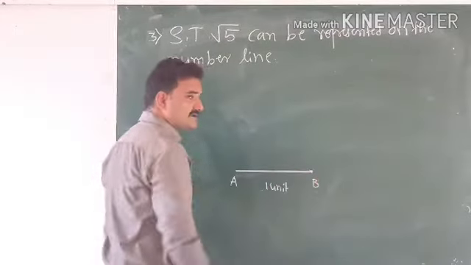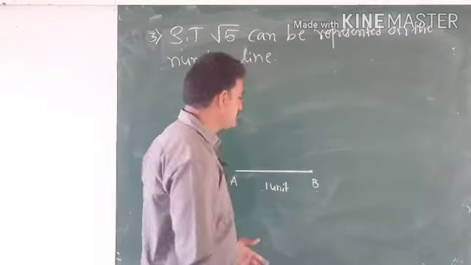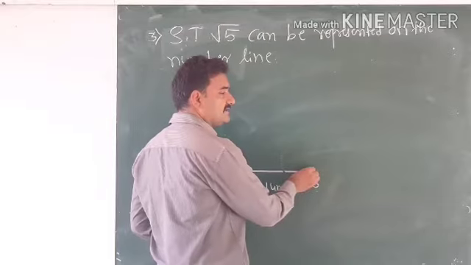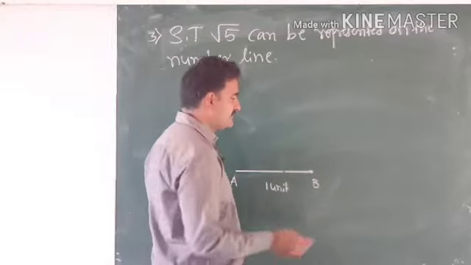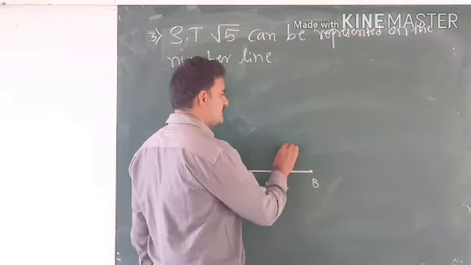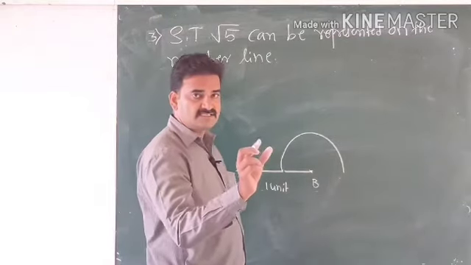Now here, by using a protractor, or if you are able to construct 90 degrees, you can construct it. Take a compass, set a pencil, take some distance and draw a semicircle, without changing the compass measure.